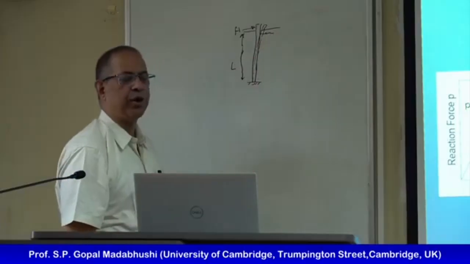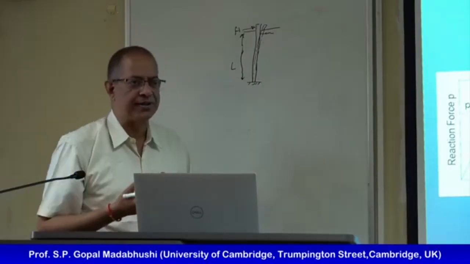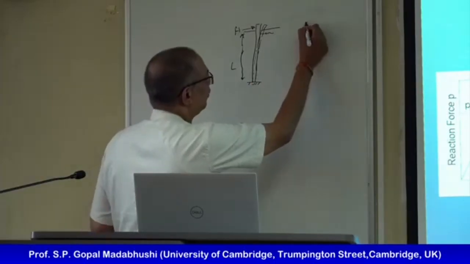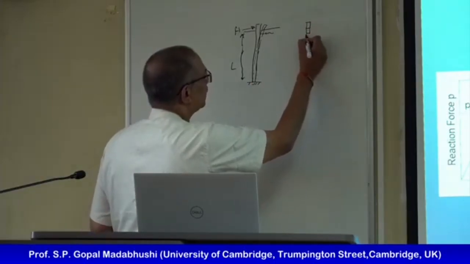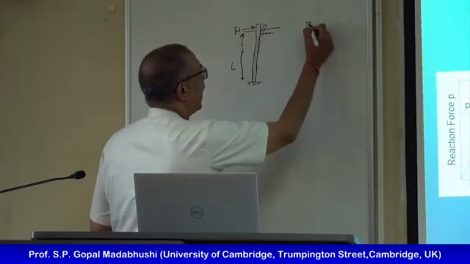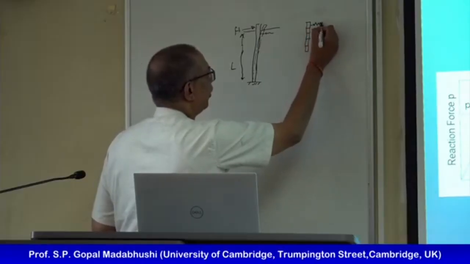So one way you can see how much resistance I get is by imagining my pile is made out of lots of elements, and each of them has a horizontal spring.